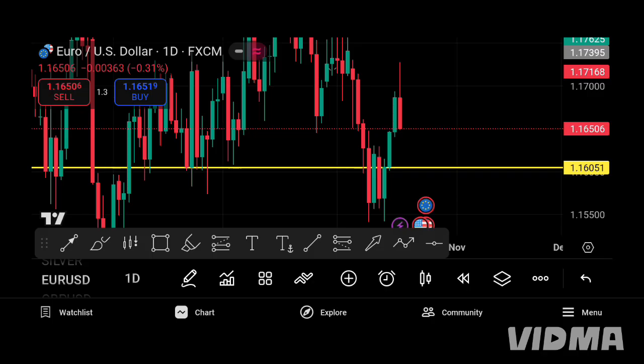When the next candle breaks the highs of the previous candle that has swept liquidity, enter. Don't enter before the candle.